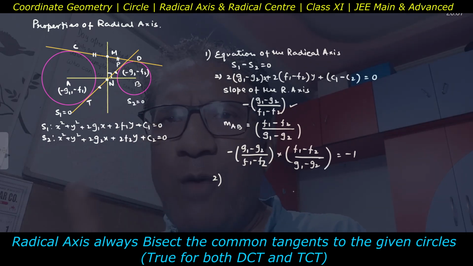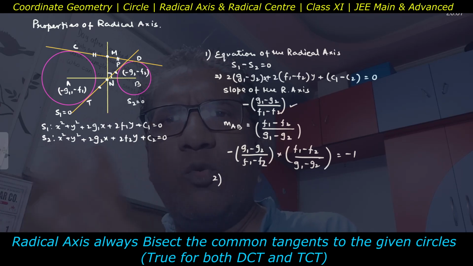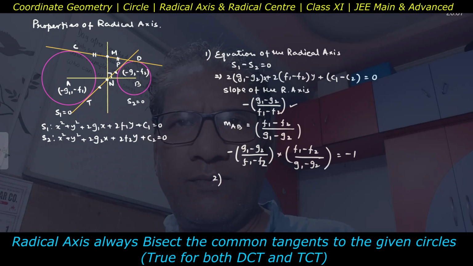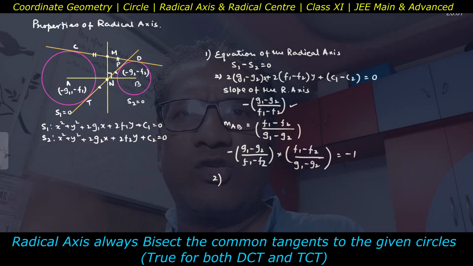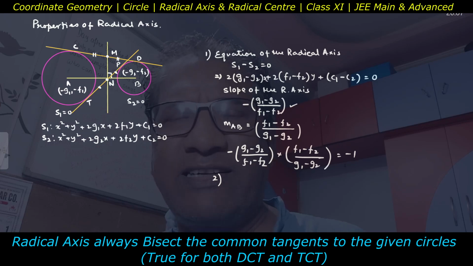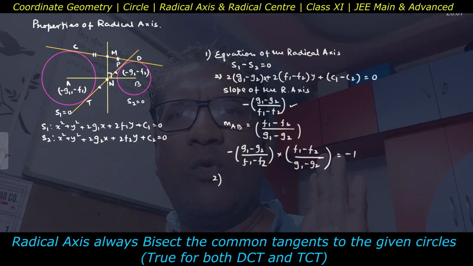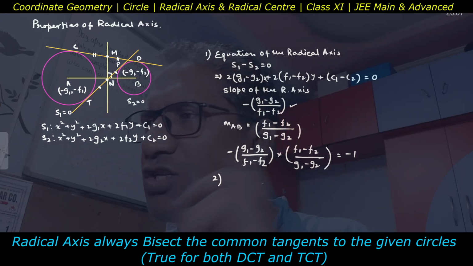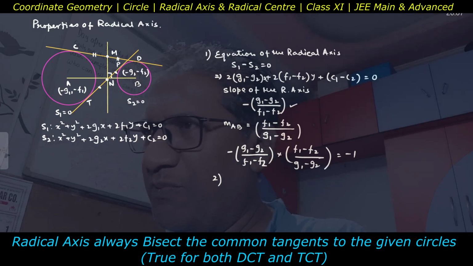So the second property states that the radical axis is always going to bisect its common tangents. Whether it is a direct common tangent or transverse common tangent doesn't matter. It is always going to bisect those tangents. So this is property number 2.